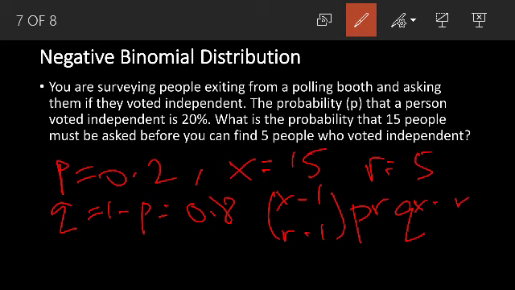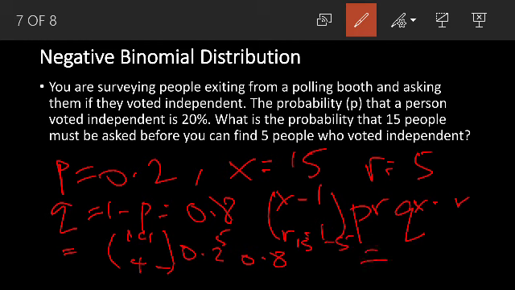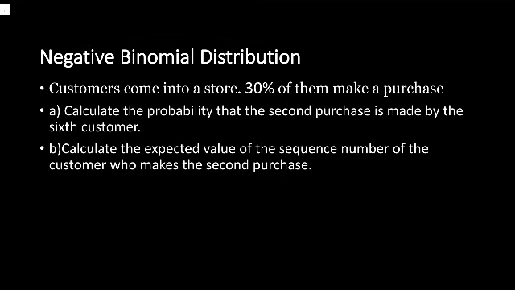That is going to give us 15 minus 1, that means 14 combination r minus 1 which is 4, then your p is 0.2 raised to power r, your r is 5, then your q is 0.8 raised to power x minus r, which is 15 minus 5. Okay, so you can use your calculator to get the answer.